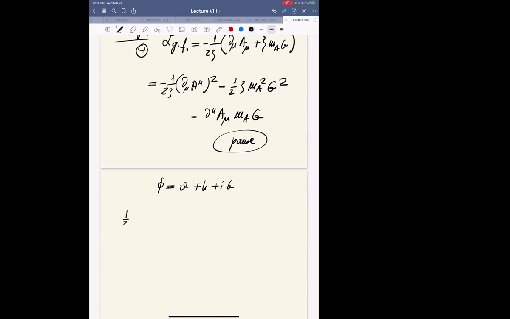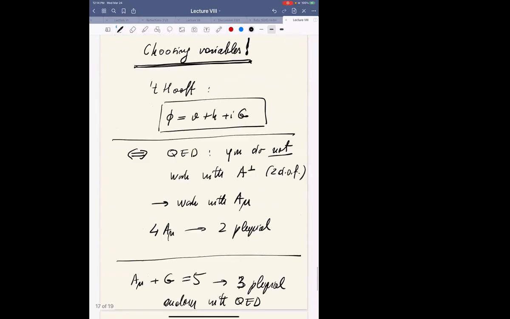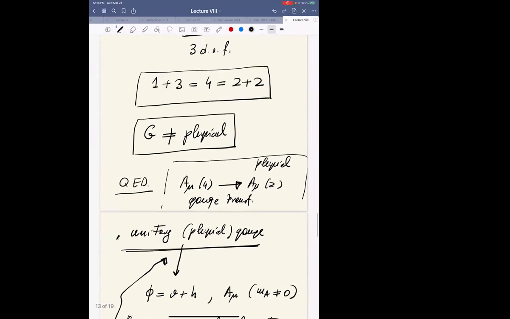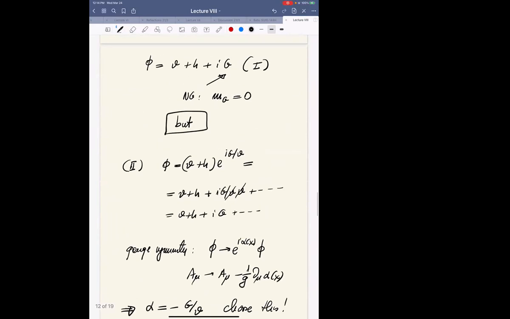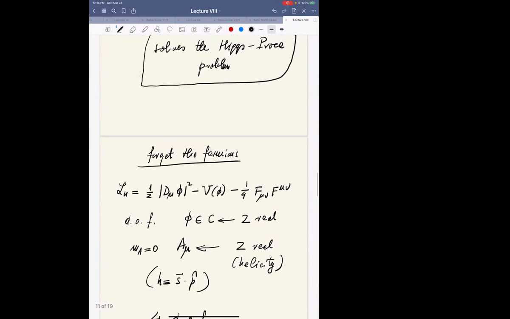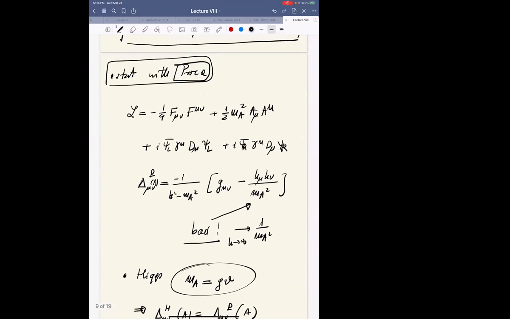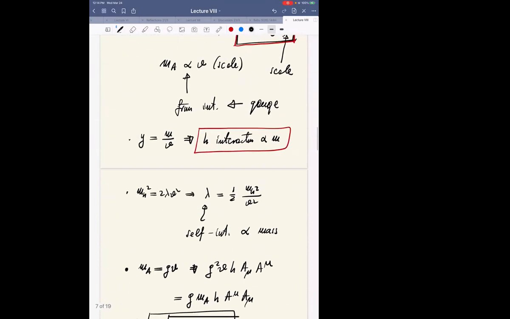Then 1/2 d mu phi squared is what? I wrote it somewhere below. Let's go back in order not to write too much. And we can think, when I'm doing it, where did I have it? It must be coming soon.